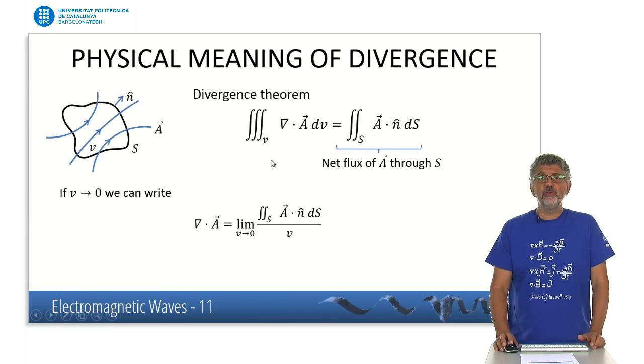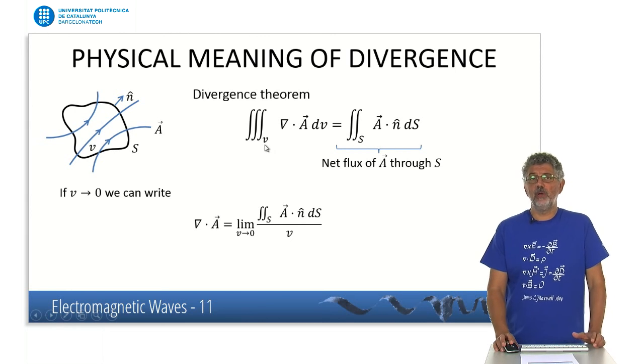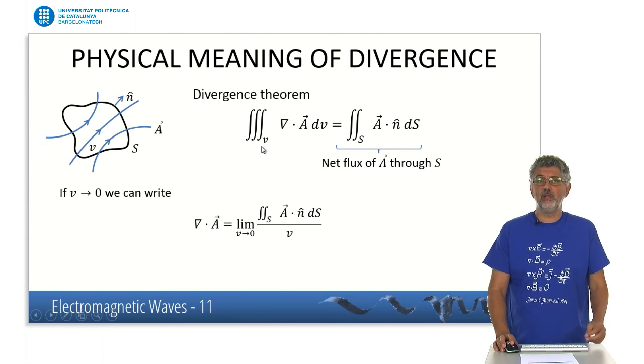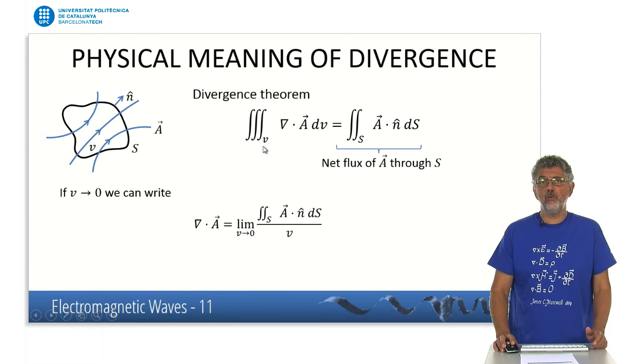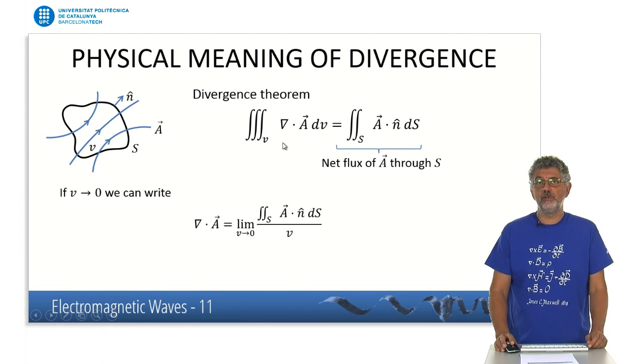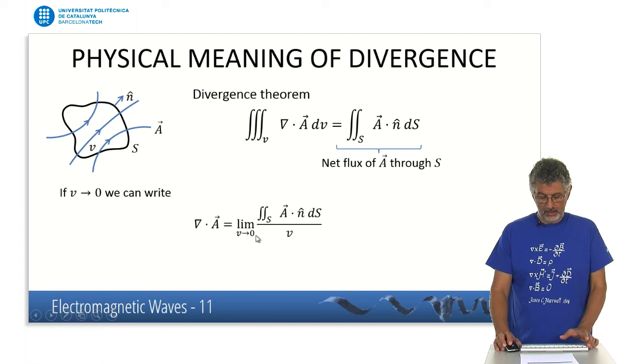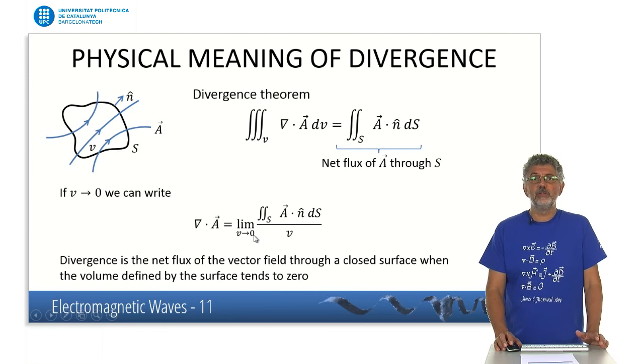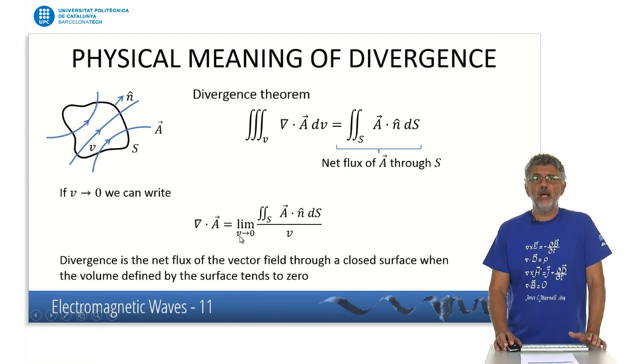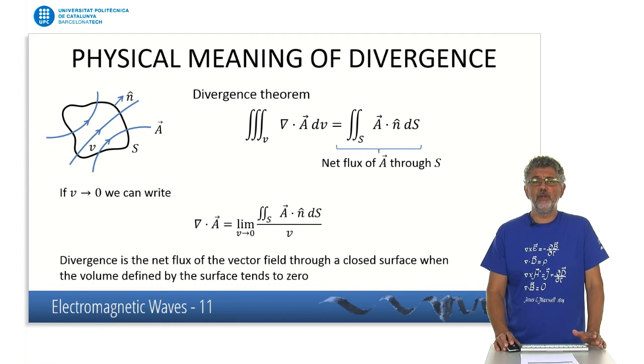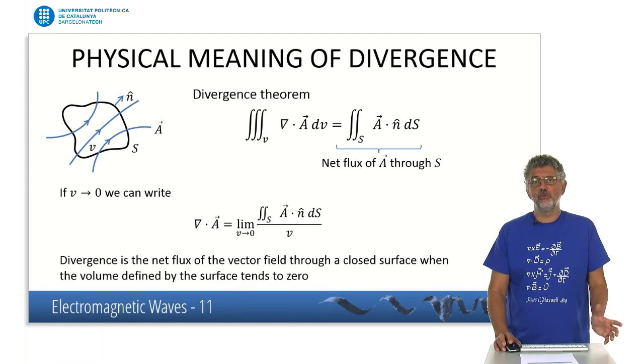Well, now if we consider that V is a very small volume, actually V tends to 0, we can assume that this divergence is essentially constant inside that volume, and then this integral is just V times the divergence. So we can write this relationship, and then we can see that the divergence can be understood as the net flux of a vector field through a closed surface when that volume tends to 0.